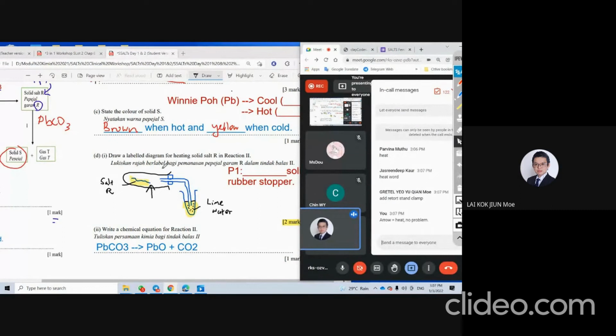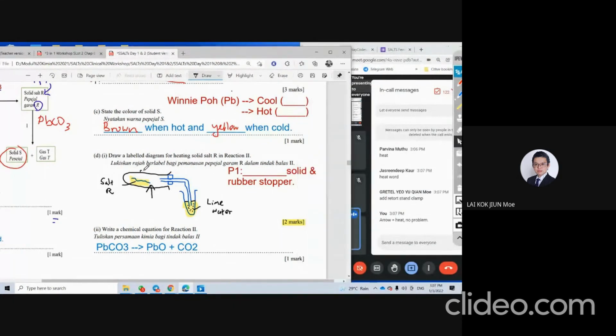If you don't write, it is okay too. They never cut your marks. If you want to draw, you can draw. This one is not compulsory, but it's better to draw and show it. This one, heat, I want to draw nicely here. The heat must be lower than this one. Here.